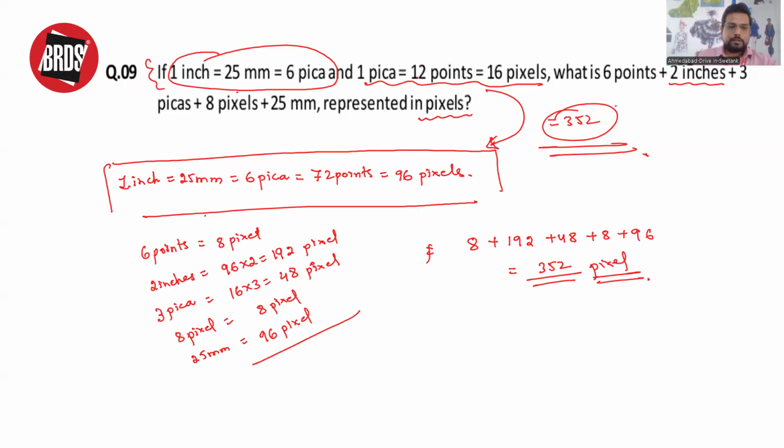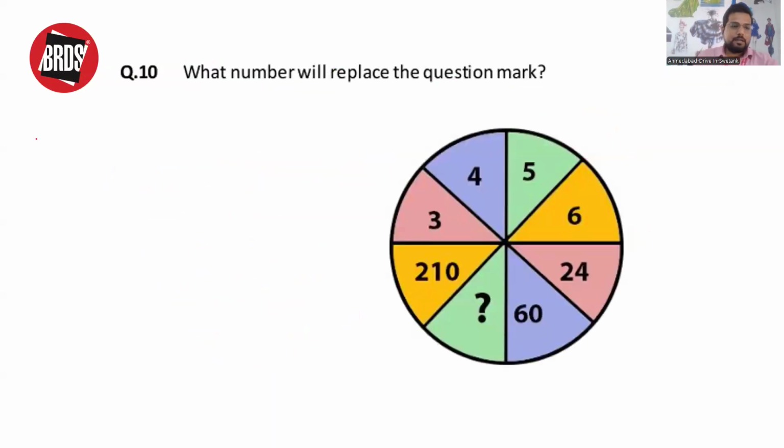Question number 10 is based on a very simple puzzle over here, in which the colors are also making it clear that every single sector is related to the opposite sector of it. Using that, if you try to get the relation, you will find this 3 and 24: 3 into 3 square minus 1 is 24.